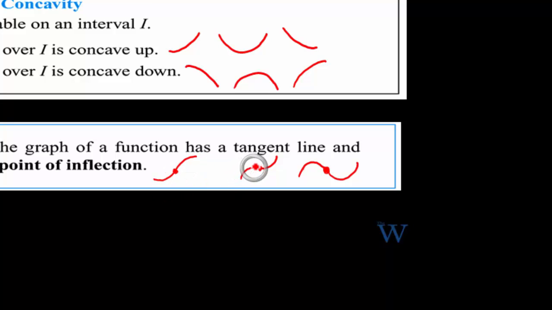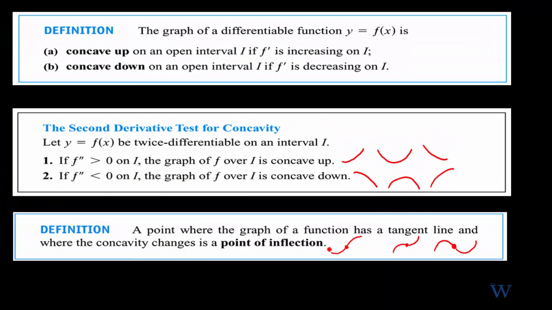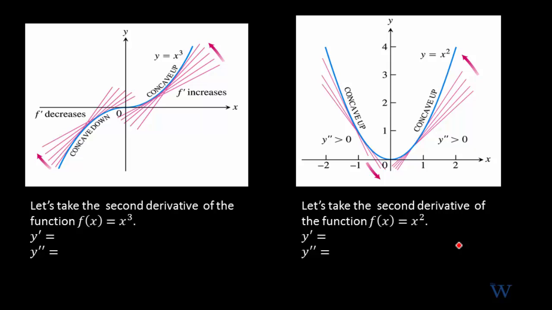Here you have concave down, and then on the other side of the point it's concave up. Another possibility would be concave down this way and concave up that way. So all of these are examples of a point of inflection. So whenever the sign of the second derivative changes from positive to negative, or negative to positive, either way, these are called points of inflection.